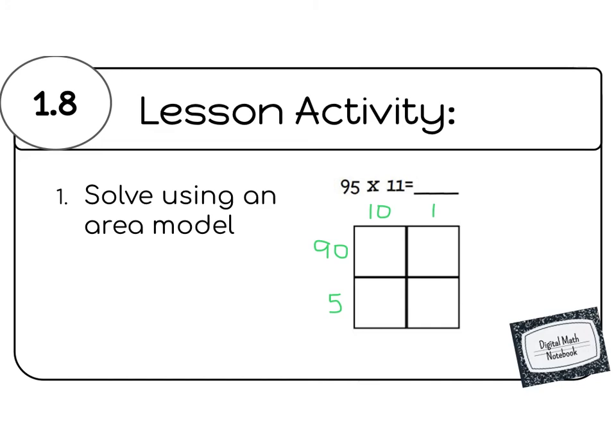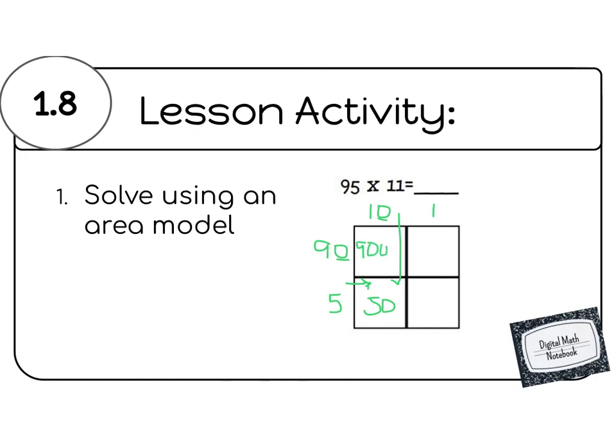It doesn't matter which order we fill the boxes in, as long as we know which numbers to multiply in them. So I could start with 10 times 5, and that would be 50. As long as we know which numbers go to that multiplying box, we can do them in any order. 9 times 1 is 9, and then we have 2 zeros.